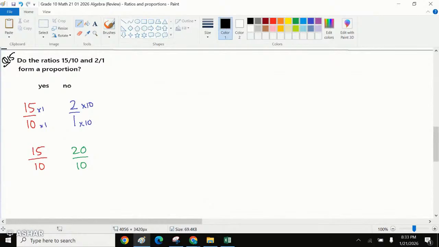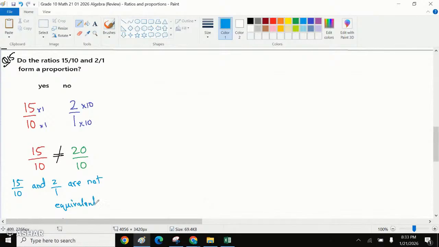The denominators are the same, but the numerators are different. So we can simply say that these two fractions are not equal. So the final statement would say 15 upon 10 and 2 upon 1 are not equivalent.